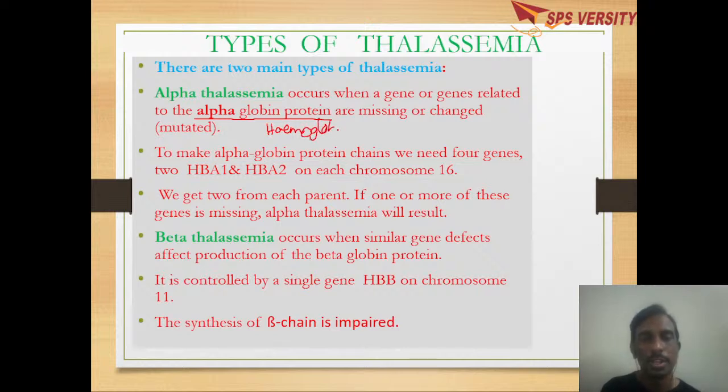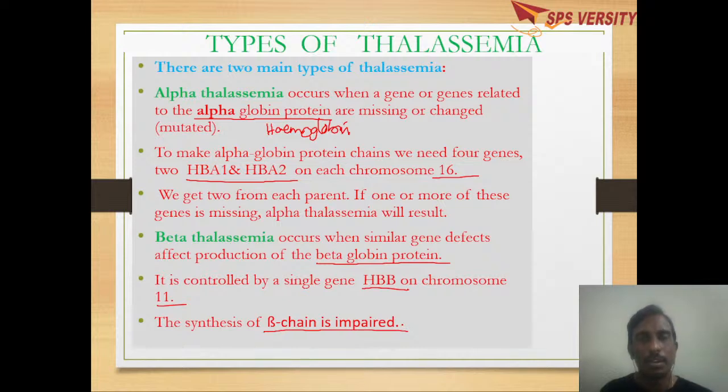Due to this mutation, the alpha globin protein chain is produced less, and the genes HBA1, HBA2 are present on chromosome 16. This is called alpha thalassemia. Beta thalassemia means the genes related to the beta globin chain are affected. These genes are HBB, present on chromosome 11. That is, the synthesis of the beta chain is impaired.